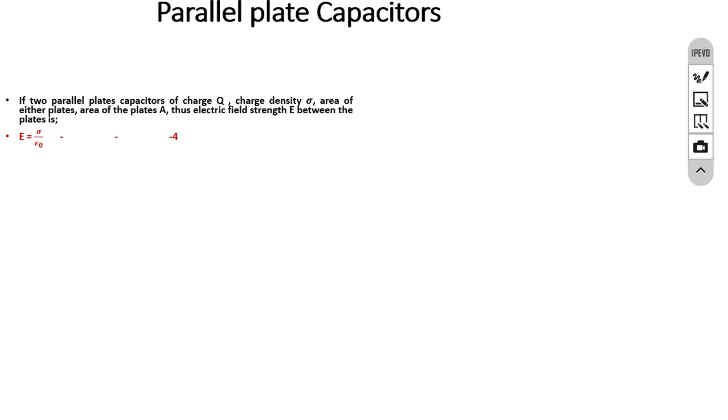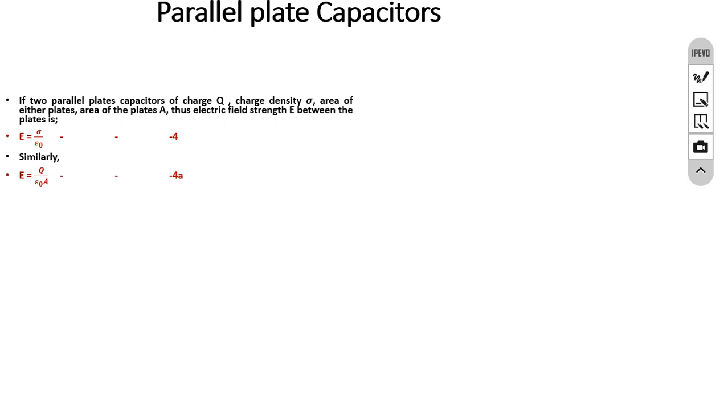So you have that the electric field strength is equals to the ratio of charge density to the permittivity. We call it equation 4. That's an expression. You can as well use this depending on the equation given.